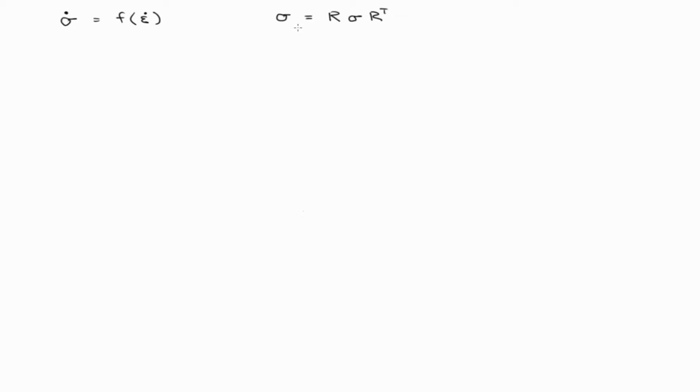So if you just take the time derivative of both sides of this equation, then you get this, which is clearly not that, right? And that's it. That's all you have to do. That's the answer to problem one.